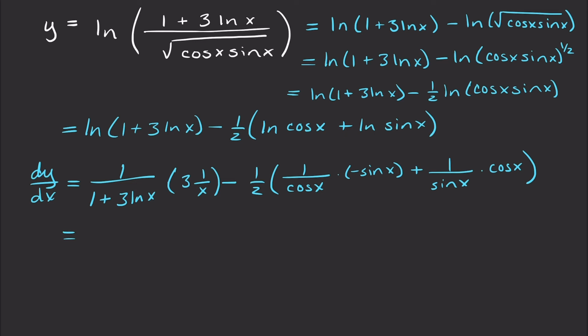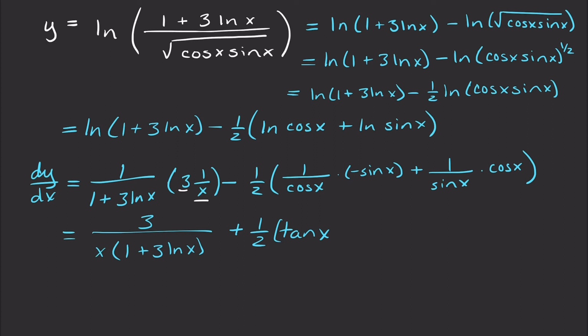And so now we just have some cleaning up to do. We have 3 that's going to be on the top over here, and this x is going to multiply everything in the numerator of this very far left term. And then we'll have plus 1/2. I'm going to factor out this minus sign and write this as 1/2 tangent of x.